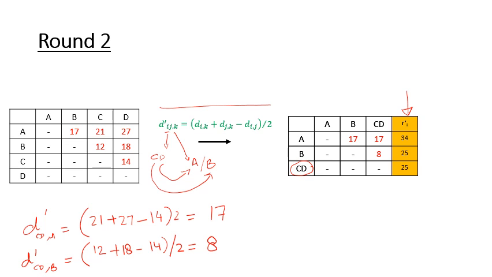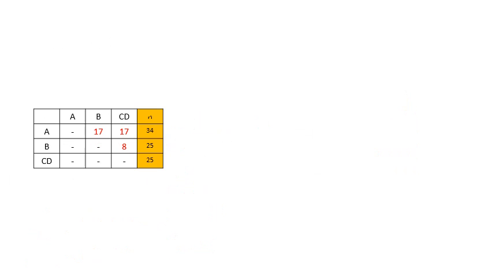Let's move on to the next slide. So now step 2 is to compute the values for the D prime matrix. You have the distance matrix here and you have the R prime I values. Using these values you'll have to compute the corrected distance matrix, just like we did in round 1, step number 2.